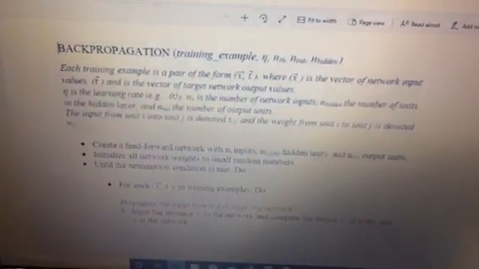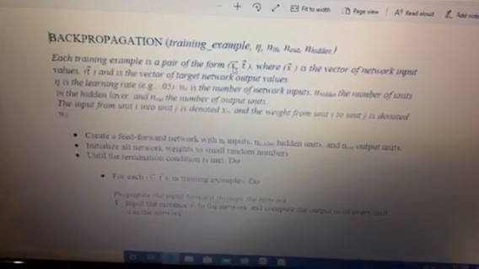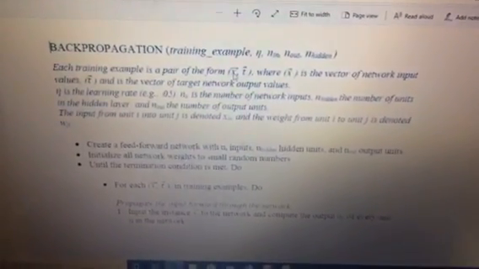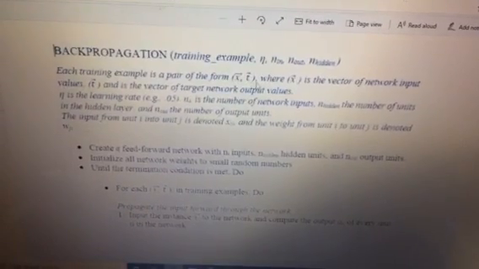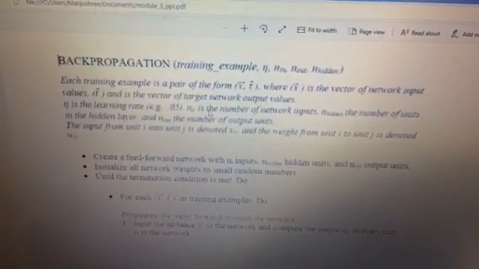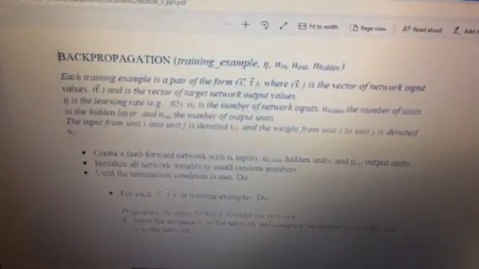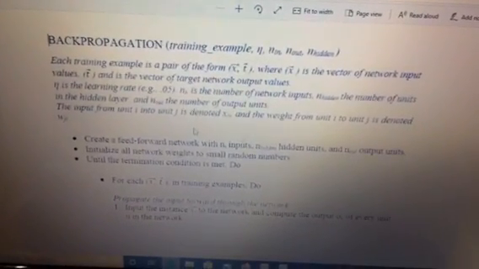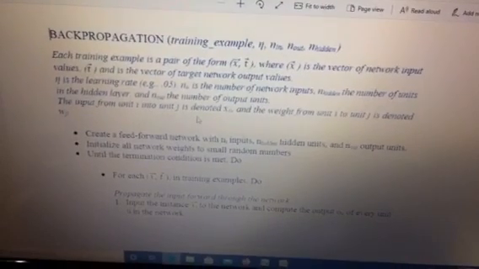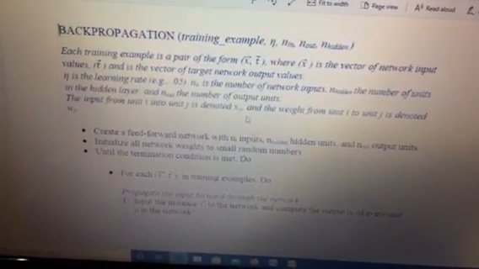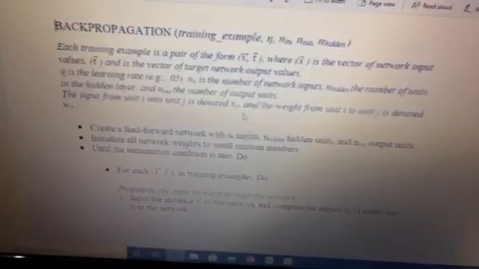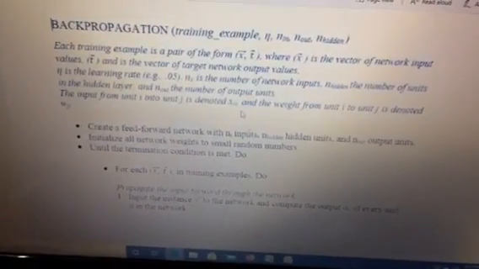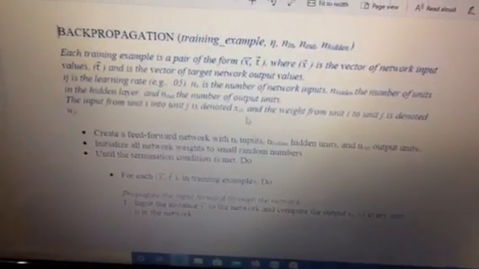Initially we have to define the vectors in the form of a pair, that is an x vector and a t vector. Next we have to indicate the notation, that is n_i, n_hidden and n_out. Next, when we move in a forward direction, that is from i to j unit, we represent the input as x_ji and the weight as w_ji.